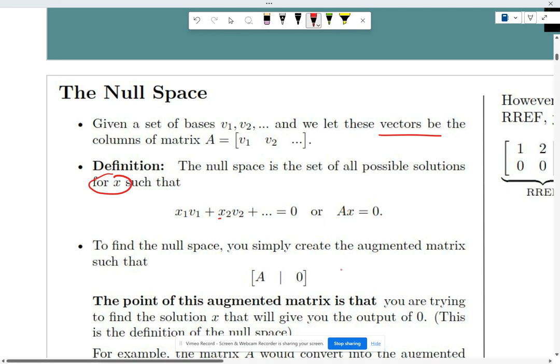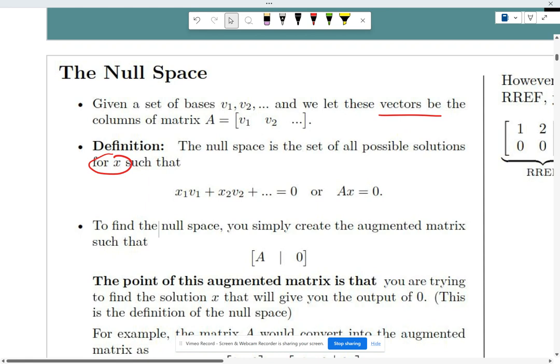Obviously, if you just set x1, x2, everything to 0, you're going to get a 0, and that is a pretty trivial case. But there will be cases where you don't have to set them to 0, and you will still be able to zero them out.